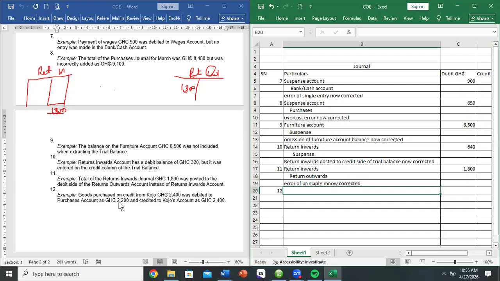It's only the amount in purchase account which has been understated by 200. So there is an undercast in the purchase account. True or false? True. Because the figure is supposed to be 2,400. He only debited 2,200. If you disagree with me, bring it on. Any disagreement?